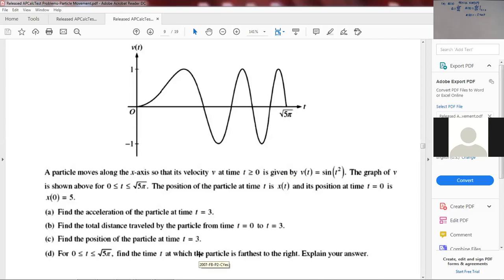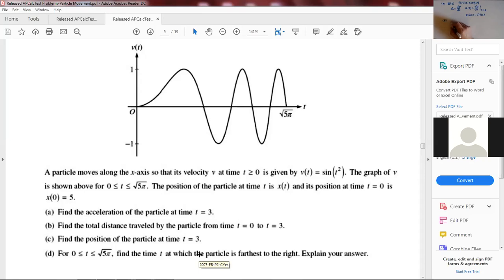Okay, now, total distance is the next question. Find the total distance traveled by the particle from time 0 to time 3. What to do? The integral of the velocity, I mean, the integral of the absolute value of the velocity, from 0 to 3.